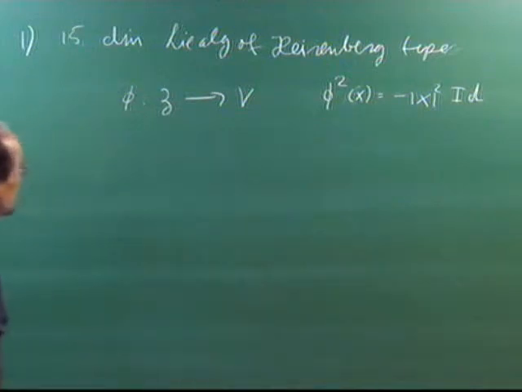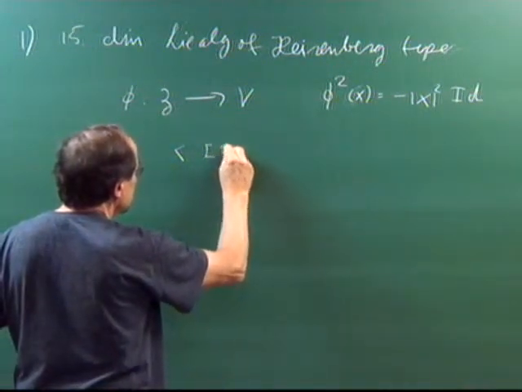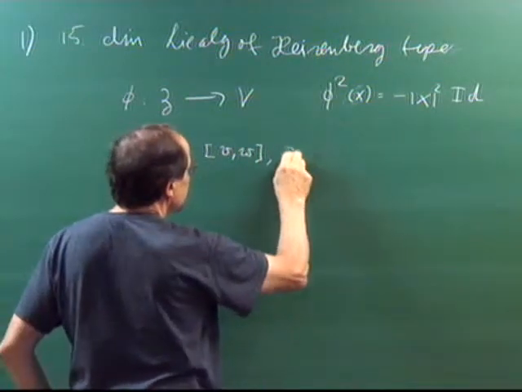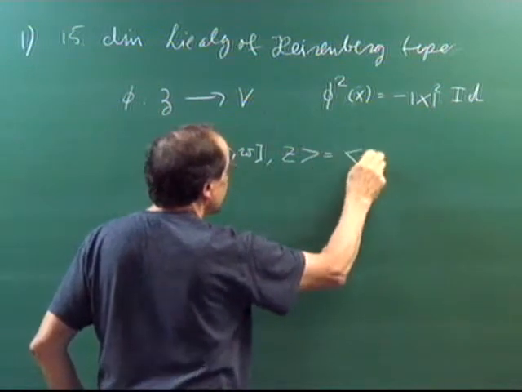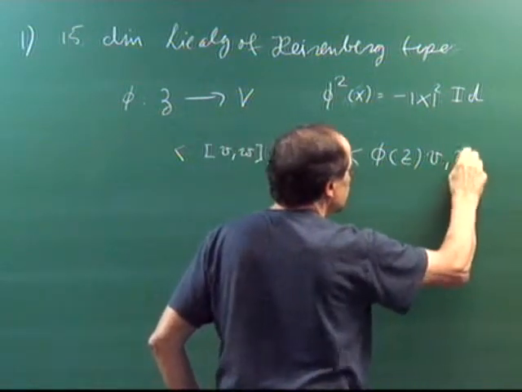This condition meant Heisenberg type, and the Lie bracket was given by the inner product of the Lie bracket of two elements v, w in V with an element z in the center being given by the inner product of phi of z applied to v with w.